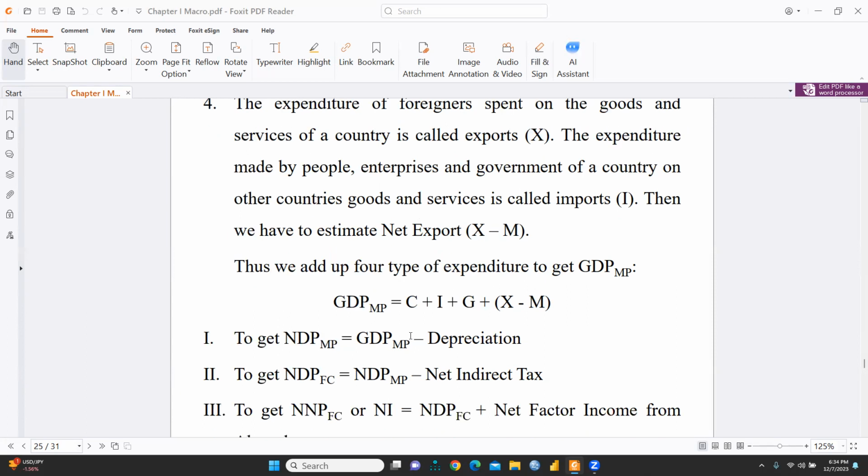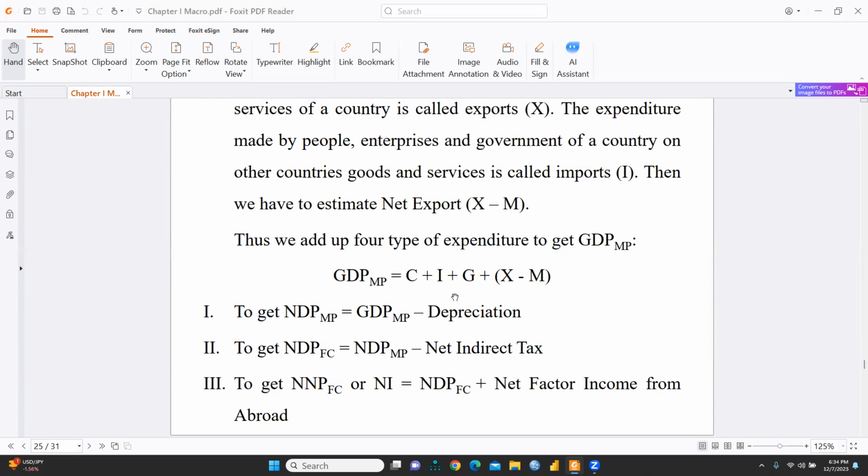And finally, we calculate GDP MP, which is the sum of all four expenditures. C is private consumption, I stands for investment, G stands for government expenditure, and X minus M means net exports. Once we get this GDP MP, we can convert it into NDP MP.